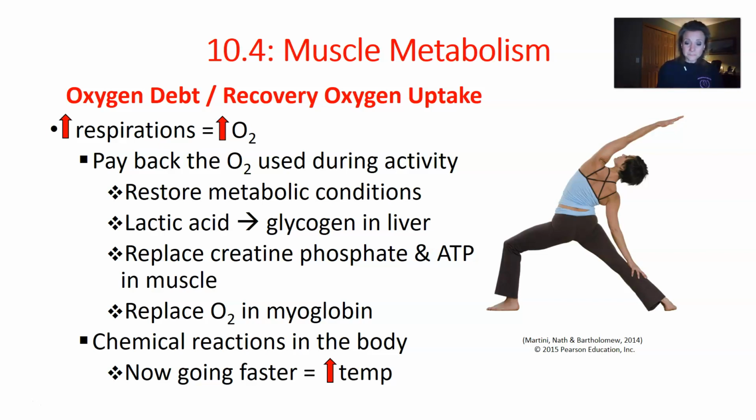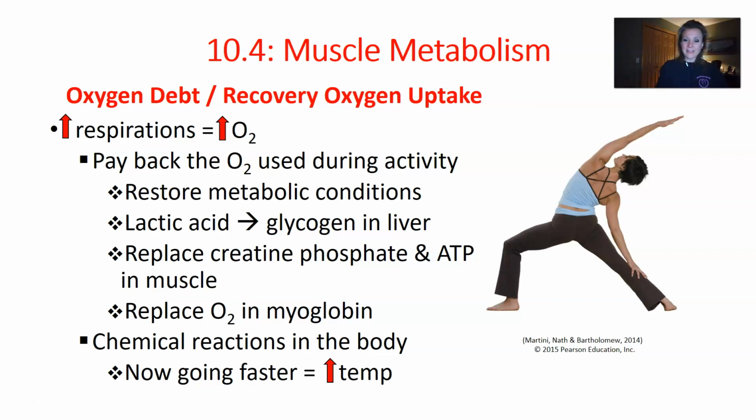And the other thing is that the heart and the muscles in between the ribs, if you're breathing deeper, faster, they are still contracting. So they still need that ATP, even though your skeletal muscles may not be contracting, those muscles are. They still need ATP in order to perform those contractions so that you can breathe and bring more of that oxygen into the body.